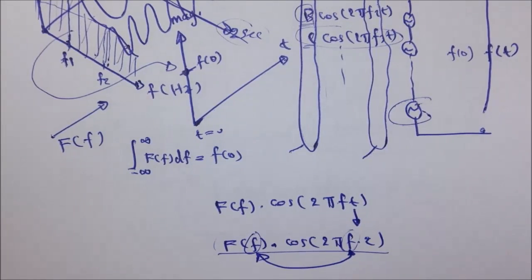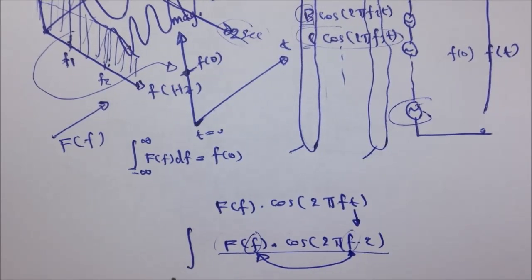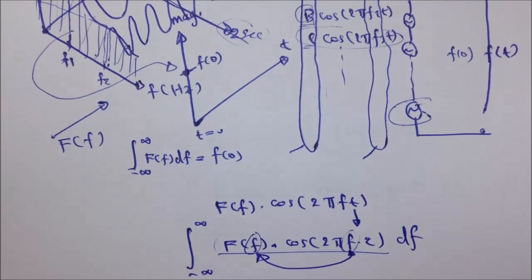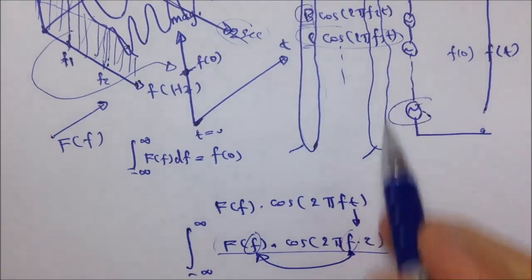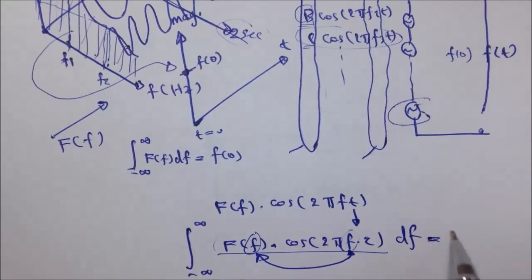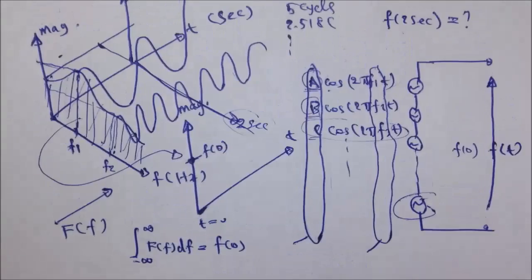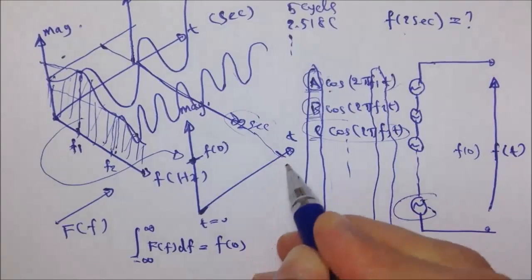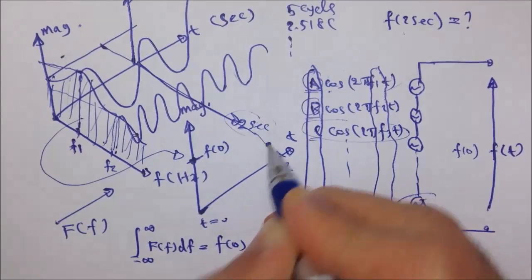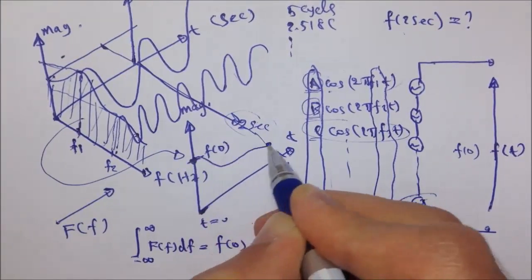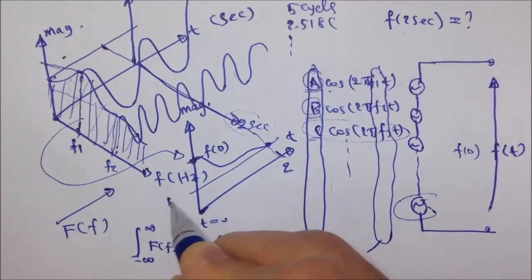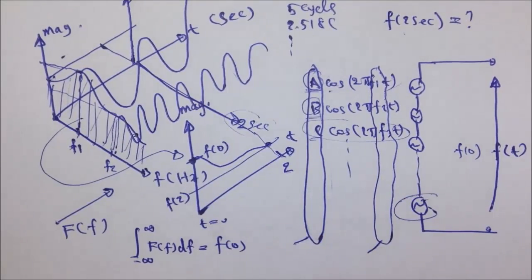Now all you need to do is integrate this from minus infinity to plus infinity to sum up all these points, and you get f of 2 seconds. So when t equals 2, we have some magnitude, say this f of 2 seconds in time domain.